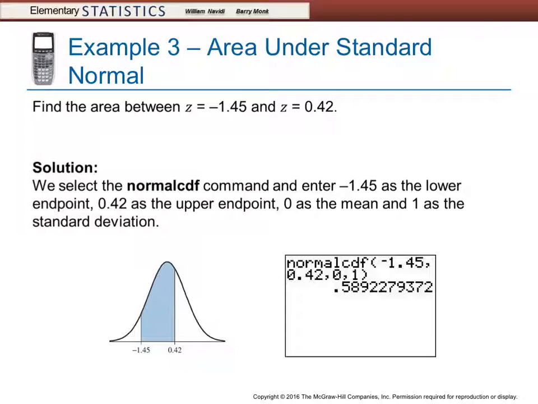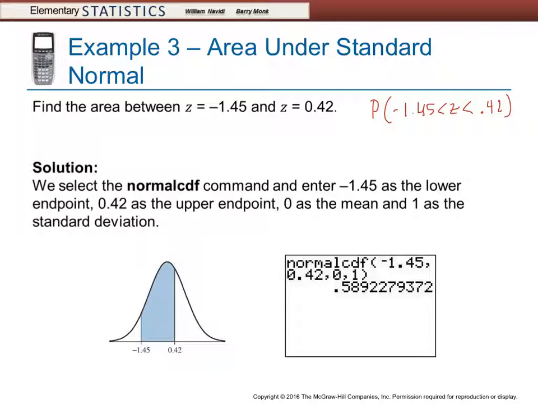Now we're going to look at finding the area between z at negative 1.45 and z equal to 0.42. The way we represent that is the following: negative 1.45 less than z less than 0.42.